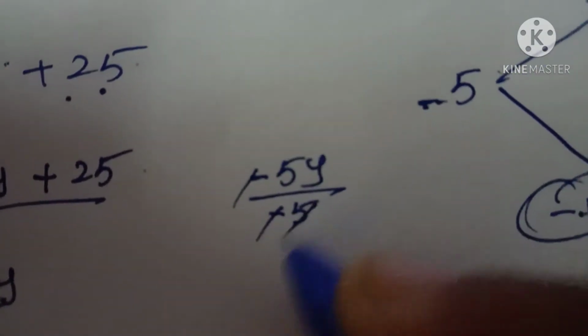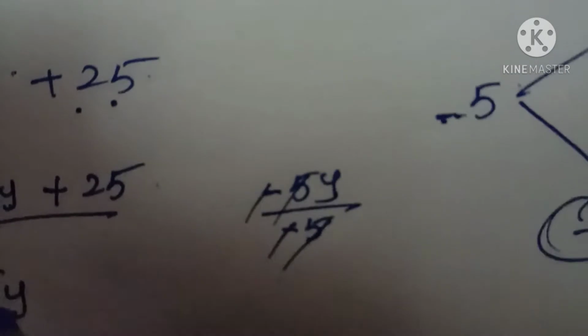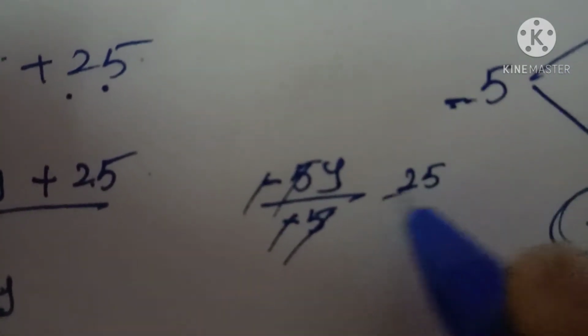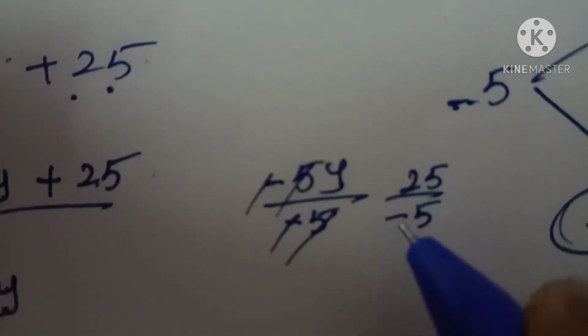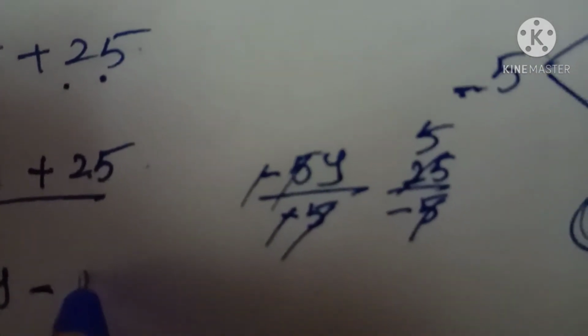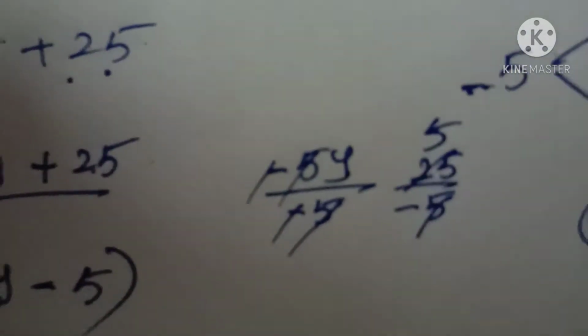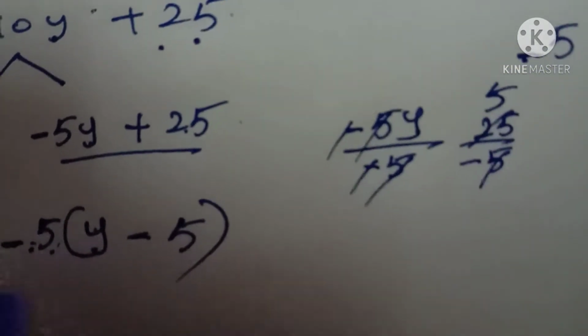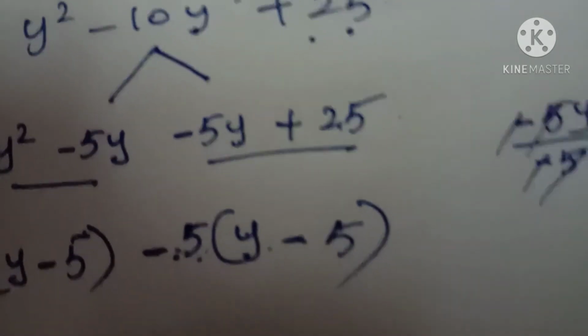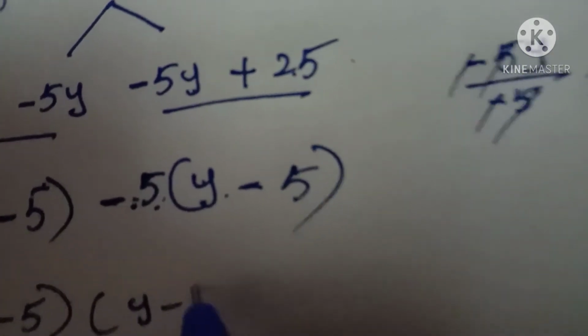Minus and minus cancel, 5 ones are 5, so y. And then 25 by minus 5, that is minus 5. Therefore take and write the term which is in the bracket first, y minus 5 into y minus 5.